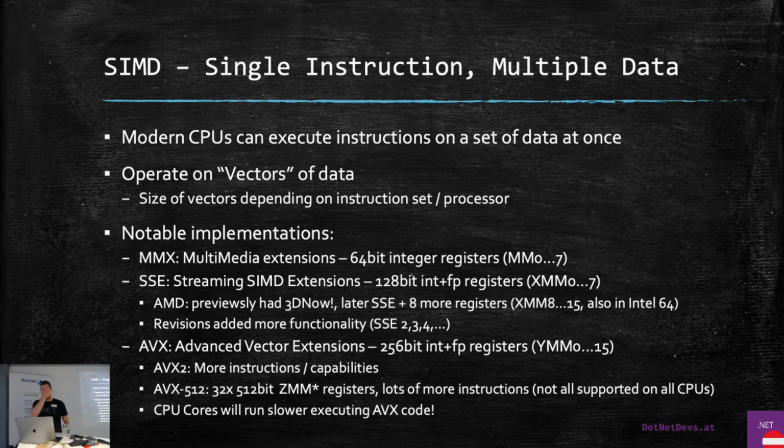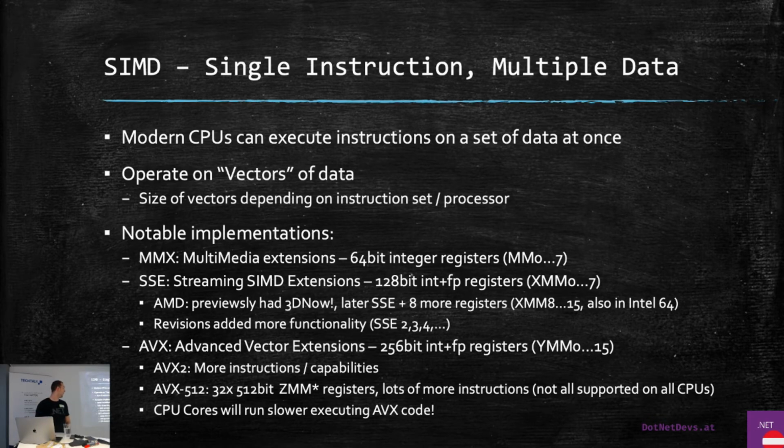Then there's AVX-512. This is the latest one. Intel started shipping processors in 2016 with Skylake, which now gives you 512-bit registers, and actually 32 of them. So the CPU can now hold 2 kilobytes of data and operate instructions on them quite fast.